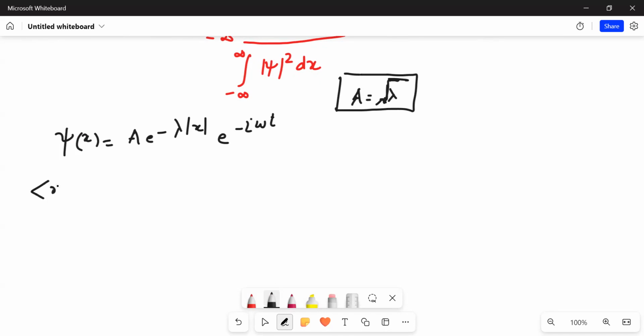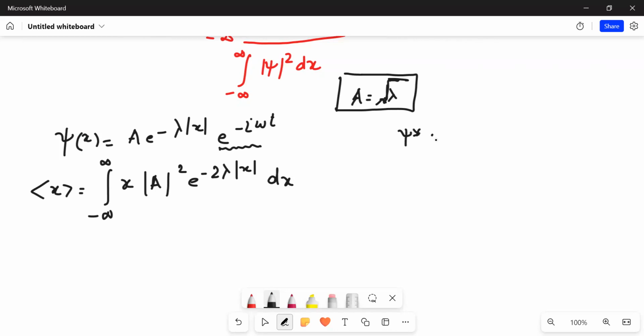We want to find the expectation value of x. How to find this expectation value of x? So your expectation value of x is the integral from minus infinity to plus infinity of x, A mod whole square, e to the power minus 2 lambda modulus of x, dx. The time dependent factor goes away, because this would be psi star x psi dx from minus infinity to plus infinity, and psi star would give you e to the power iota omega t, and here you will have e to the power minus iota omega t.